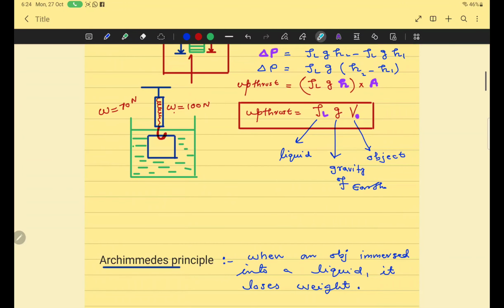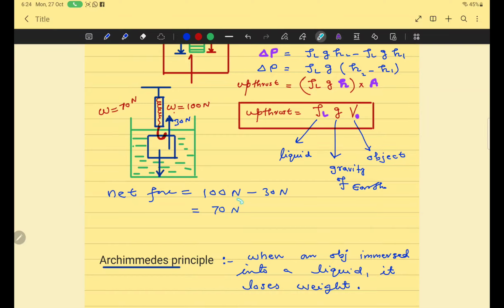Consider the original weight is 100, then the upthrust acts upward, and this upthrust will be 30 newton. So when I ask you to calculate the net force, 100 newton weight acts downward and 30 newton upthrust acts upward. So the remaining weight is 70 newton.